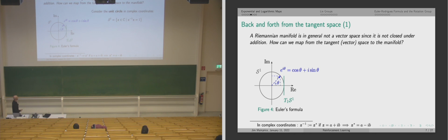So that's the unit circle, or the sphere 1, and we parameterize it with complex numbers, and it's defined as the inverse of z times z is equal to 1. The inverse of a complex number is the conjugate, and the conjugate is defined here.